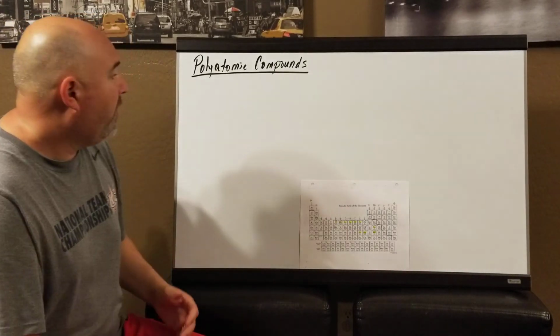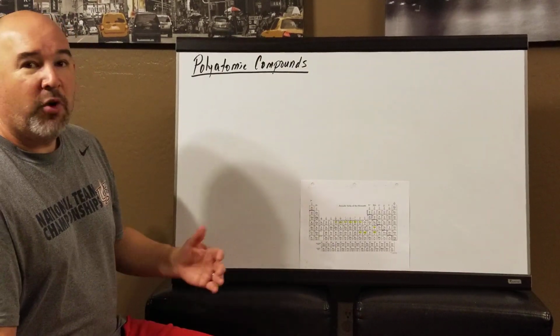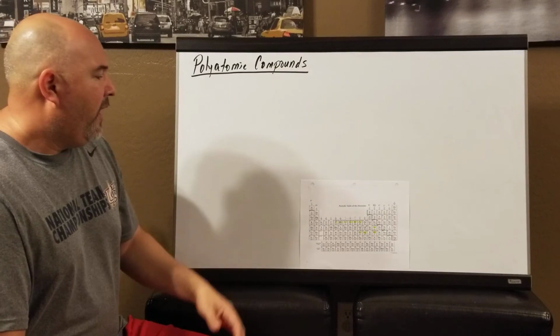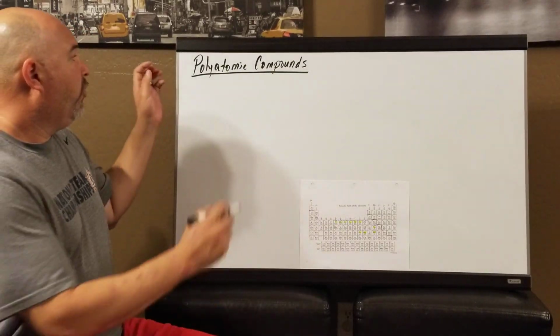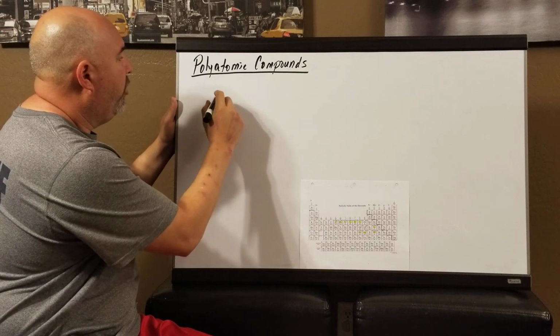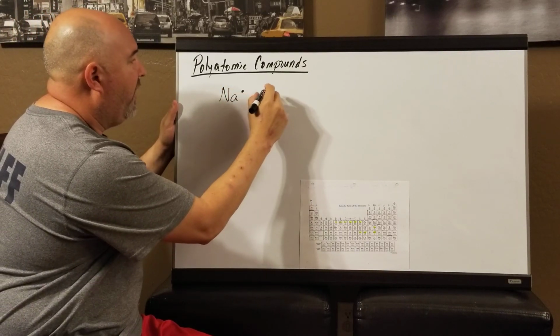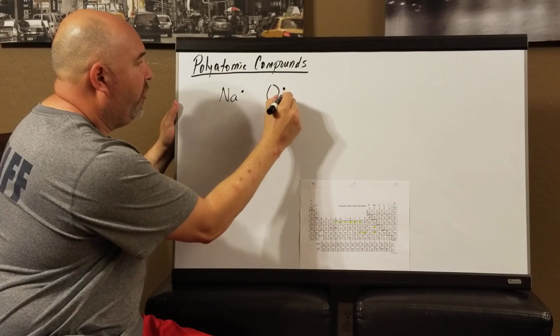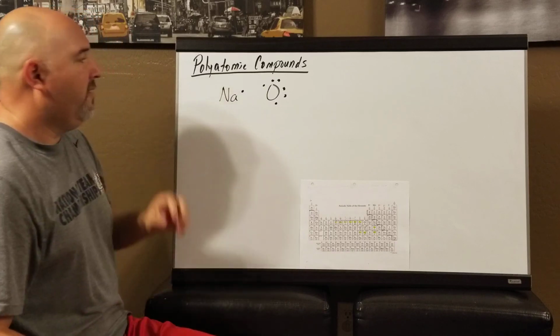So what is a polyatomic compound? Well, this is basically what happens. If I wanted you to write a formula involving, let's say, sodium oxide, we would go, okay, sodium we know has one valence electron, and oxygen, if we drew dot structures, has six valence electrons.